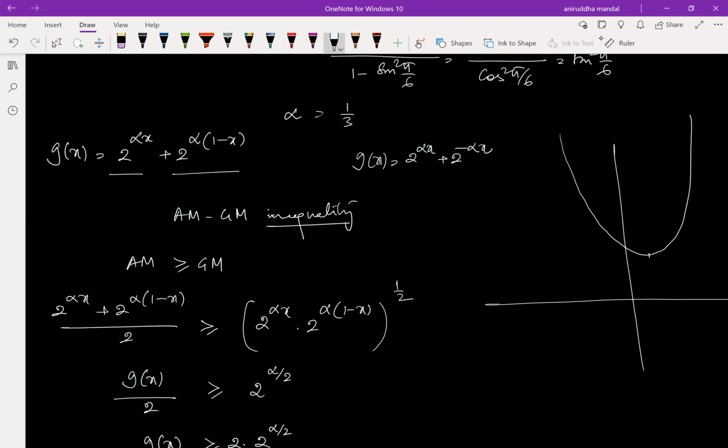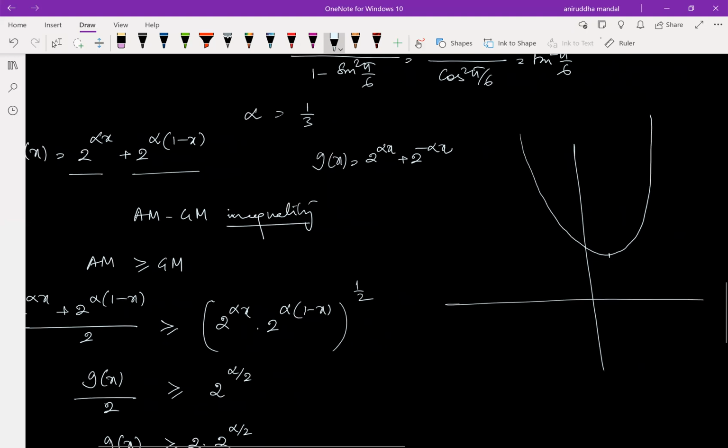But this graph has shifted by the 1 minus x side, so the graph will be shifted slightly to the right side of the x-axis.